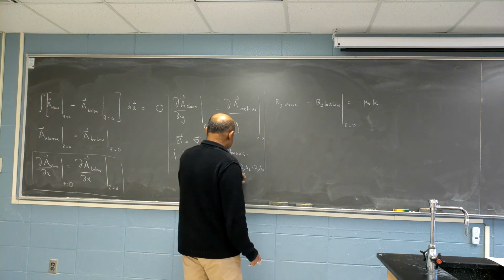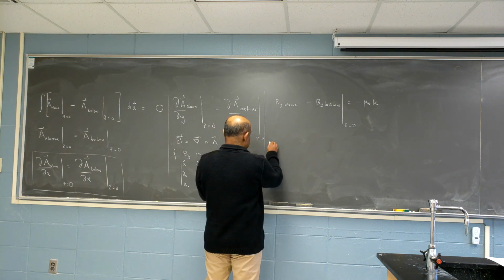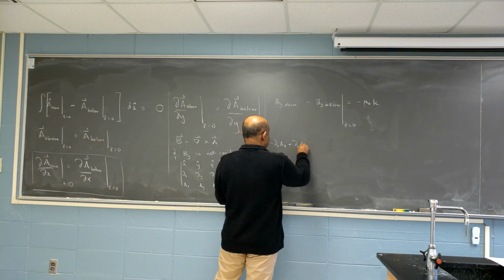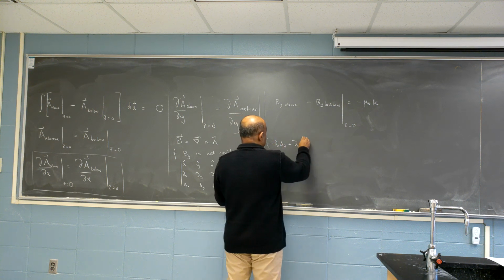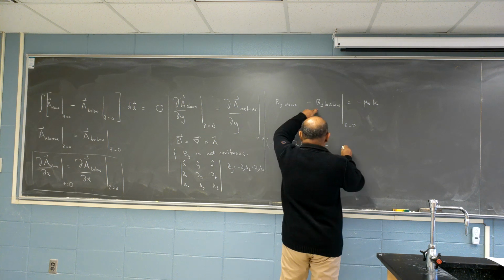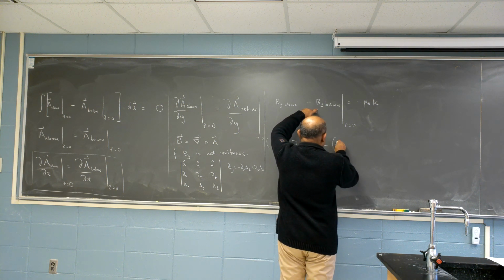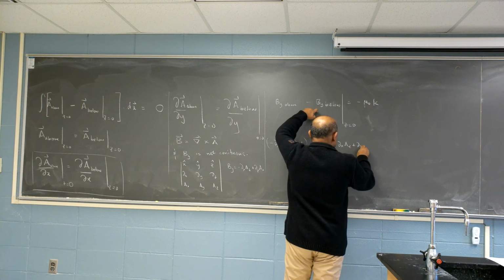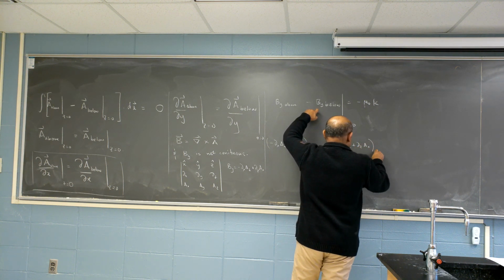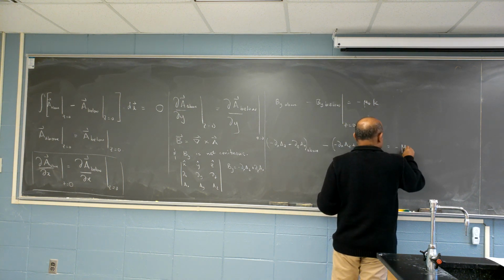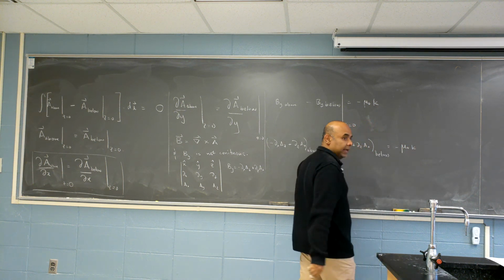So let's do this. That means minus dxaz plus dzax above, minus minus dxaz plus dzax below, equals minus mu 0 k.